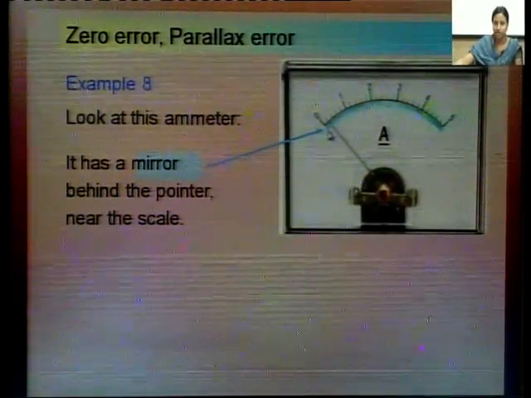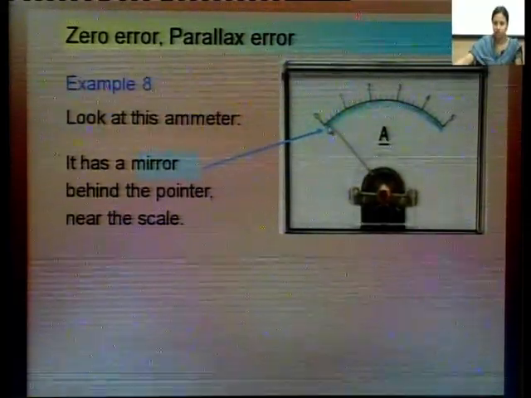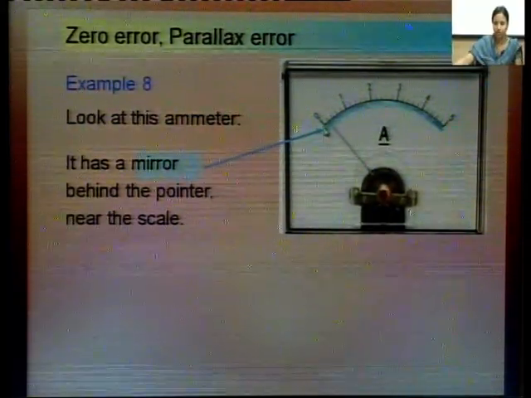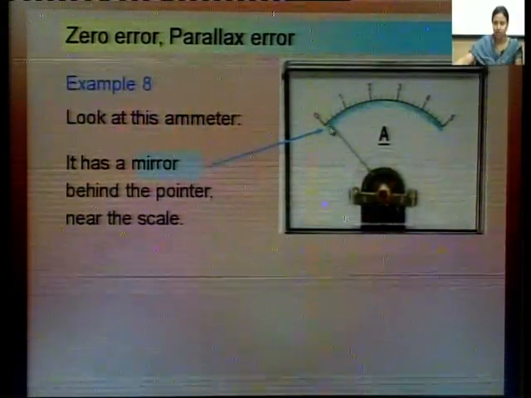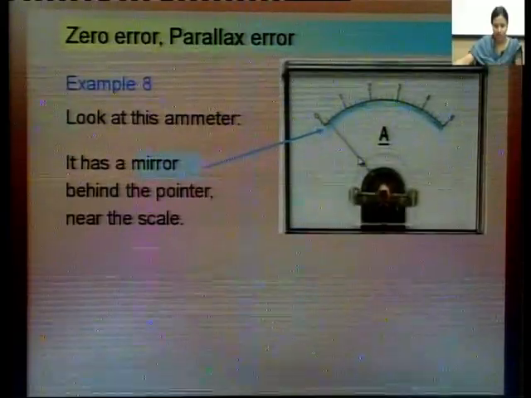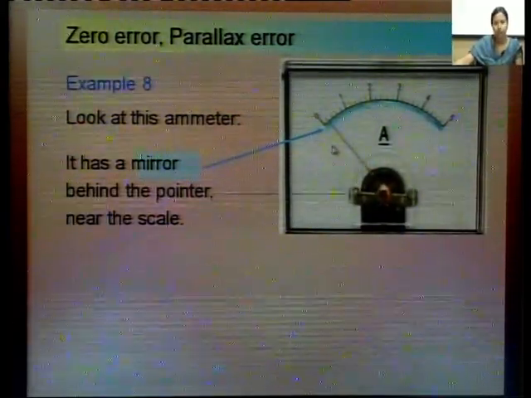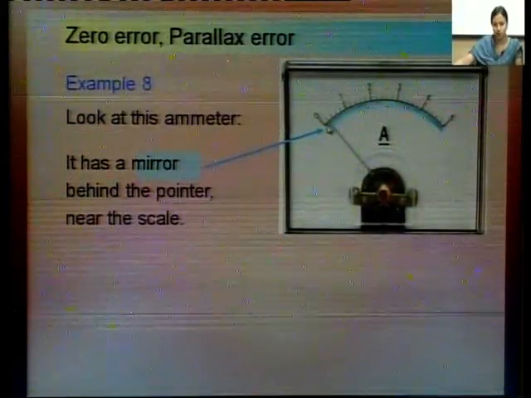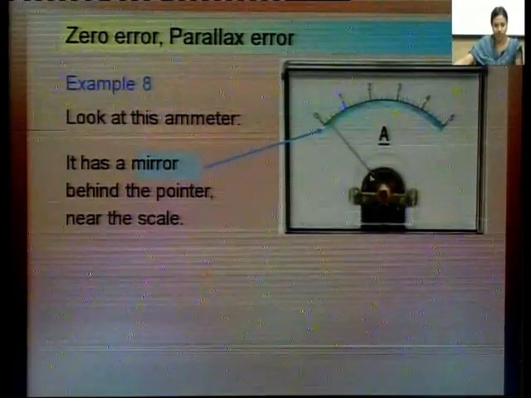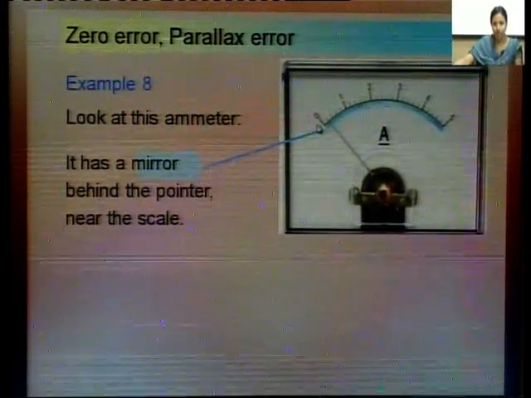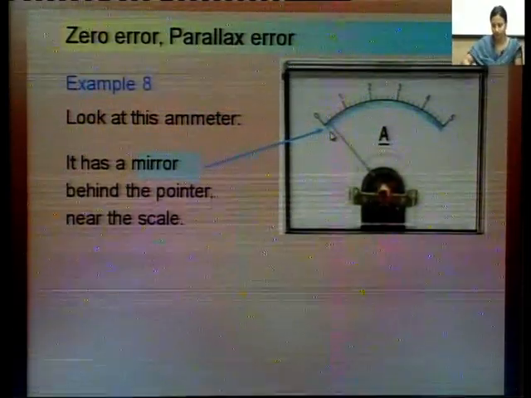If this needle is here, we see the mirror reflection of this needle in this mirror. So if the mirror reflection and this needle match at one point, then parallax error is 0. So this error is purely zero error, because the starting point of the needle is not matching with the 0. So this error is zero error.